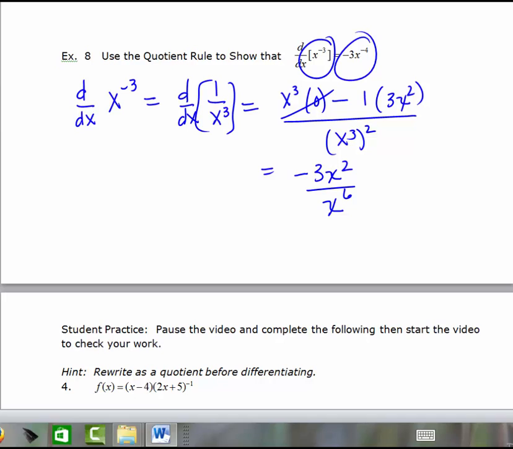Using my rules for exponents, if I cancel that, I subtract the 6 off, and I get negative 3x to the negative 4. So even though we could have used the power rule on this derivative, we're showing, using the quotient rule, that the power rule does work even for negative exponents.